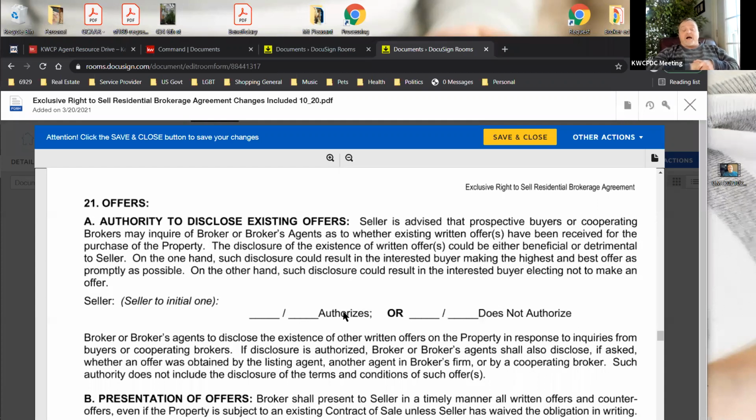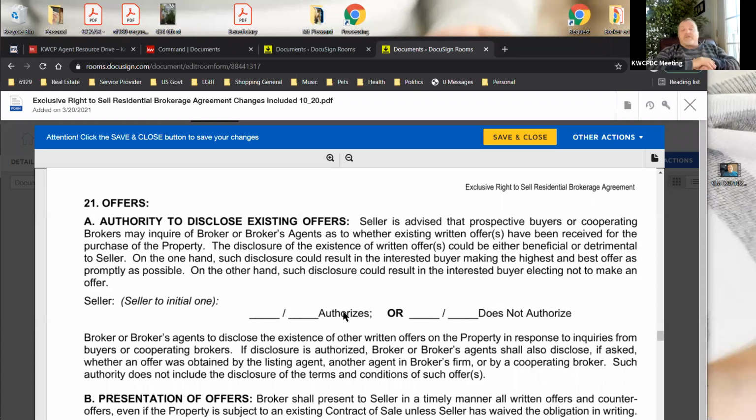Personally, I always ask that my sellers allow me to disclose the existence of other offers. So if I've got a listing and I've got an offer on it, then I need to be able to tell other agents and other buyers that I've got another offer in hand.